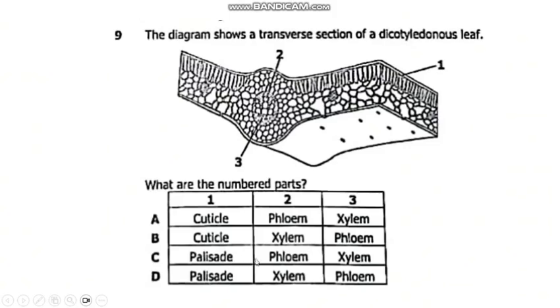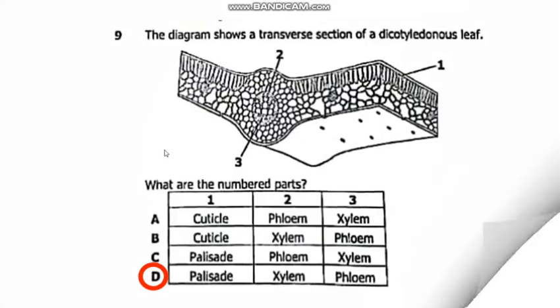C, 1 palisade, 2 phloem, 3 xylem. D, 1 palisade, 2 xylem, 3 phloem. So here the correct answer is that when you look at 1 is the palisade, which is this one right here. Then 2, this is the xylem. Then 3, this is the phloem. So the correct answer is C, a D.